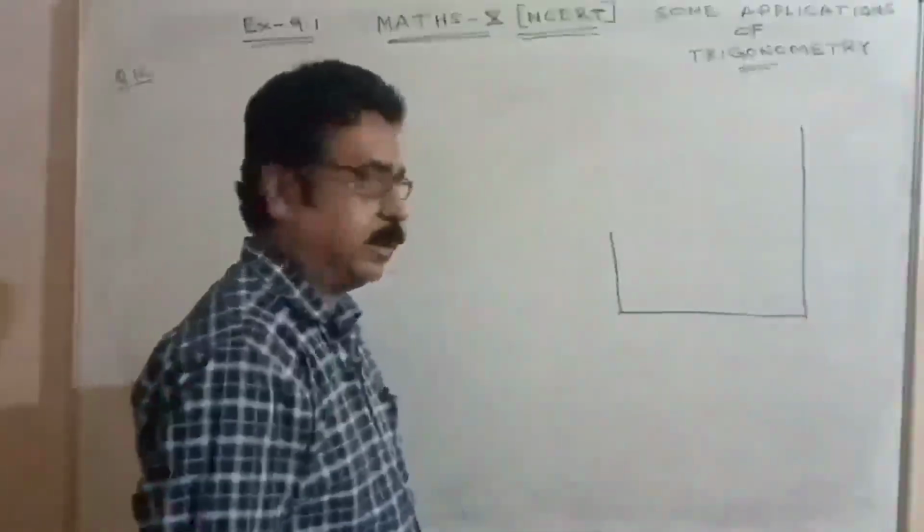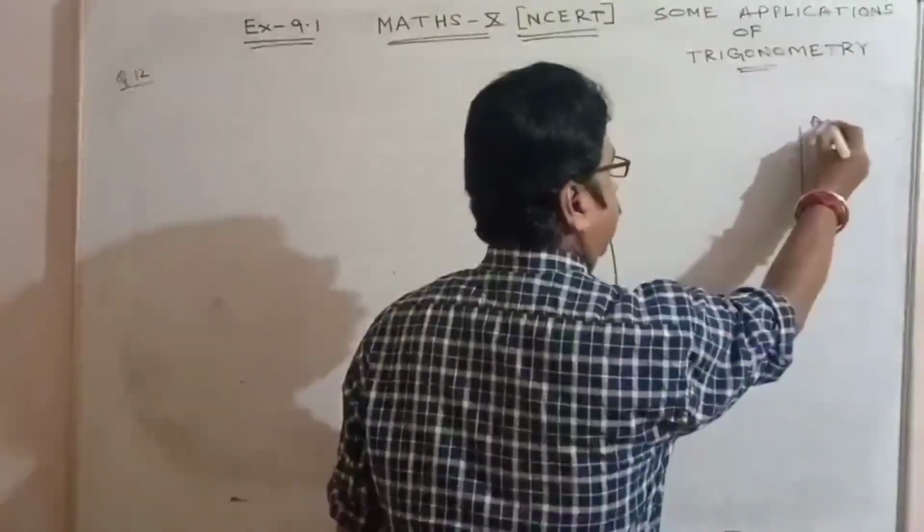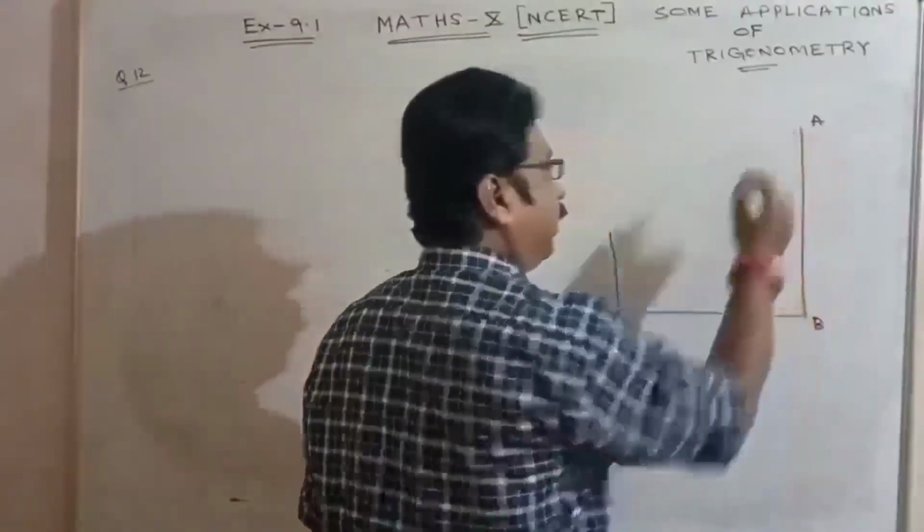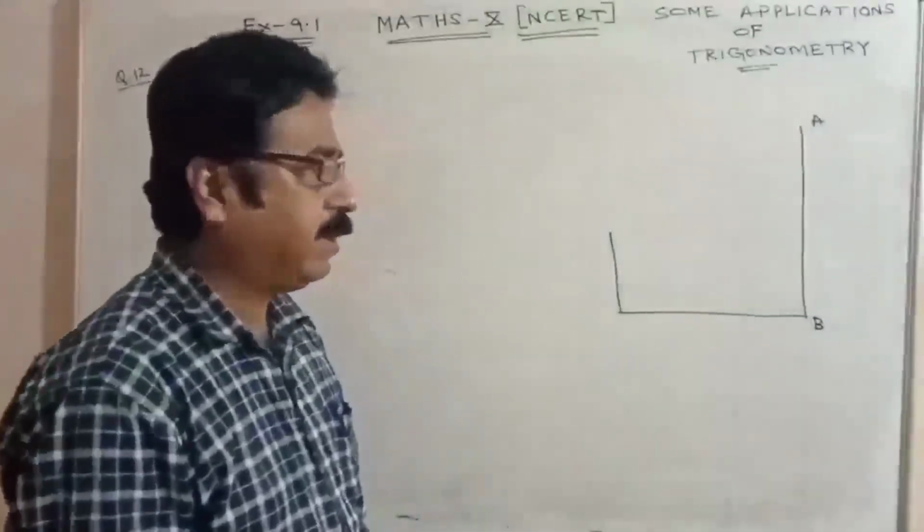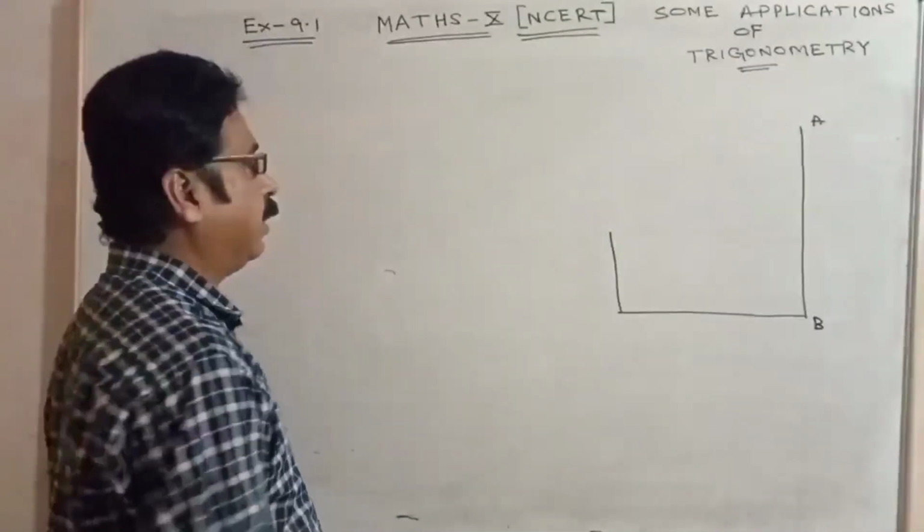This is the cable tower, AB. A is the top point of the cable tower and B is the bottom point of the cable tower.